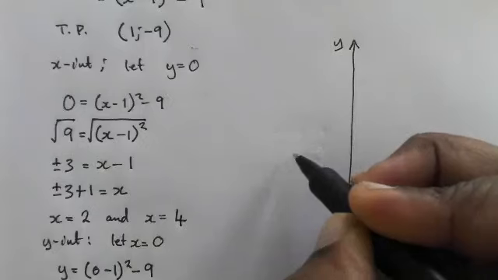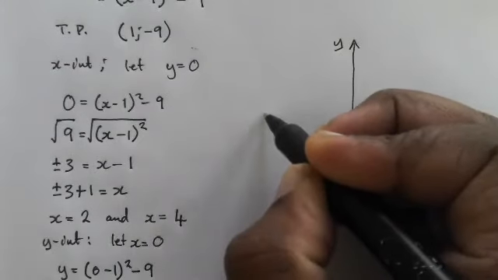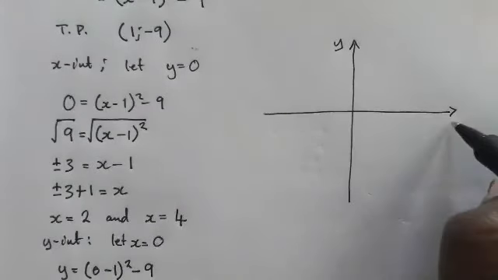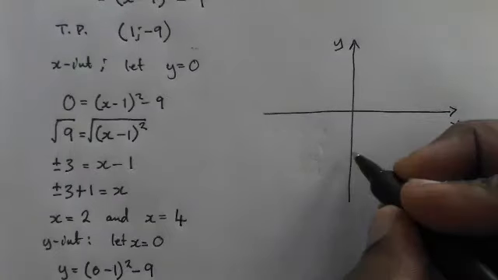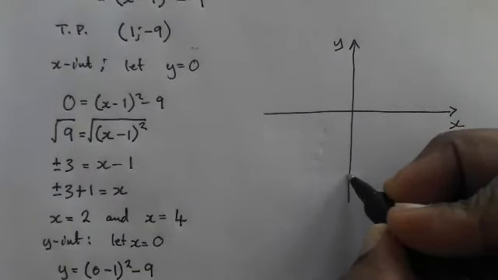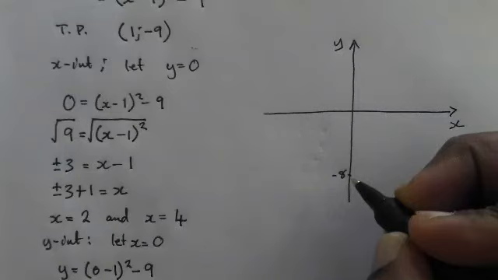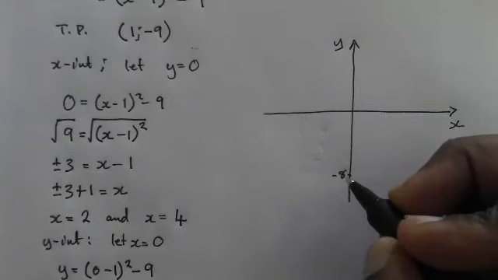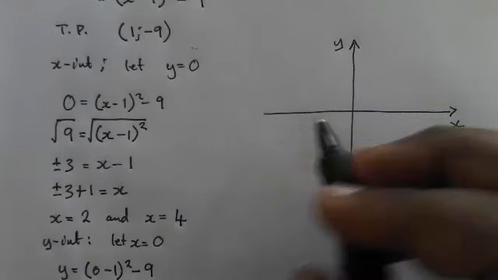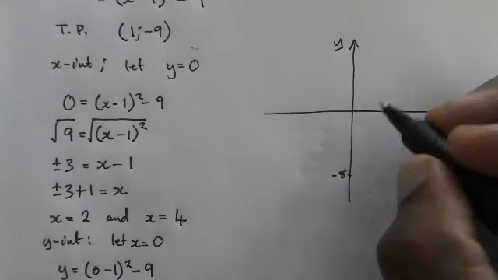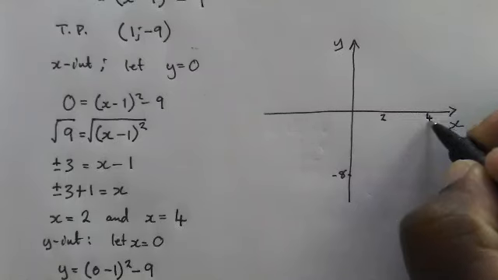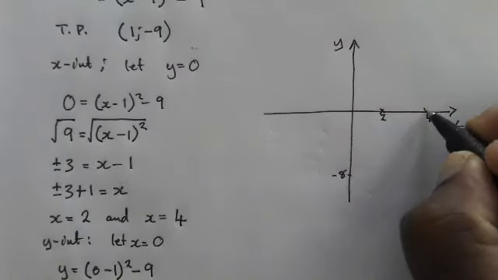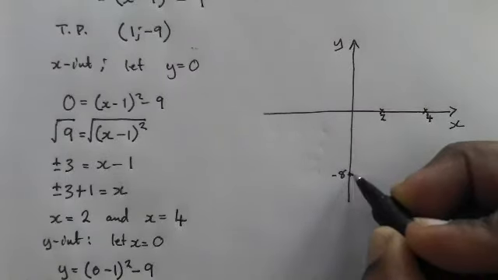Y-axis. X-axis. Remember you must show your points. The y-intercept is negative 8, so probably somewhere here. And the x-intercepts, where are they? One is at positive 2, the other one is at positive 4. Those are x-intercepts. There is our y-intercept.